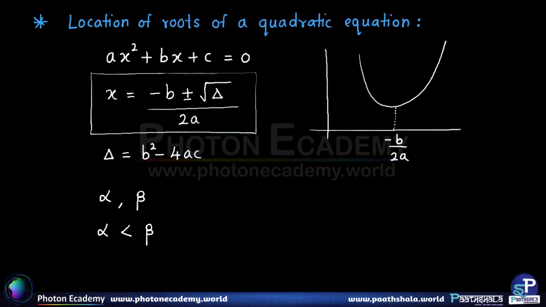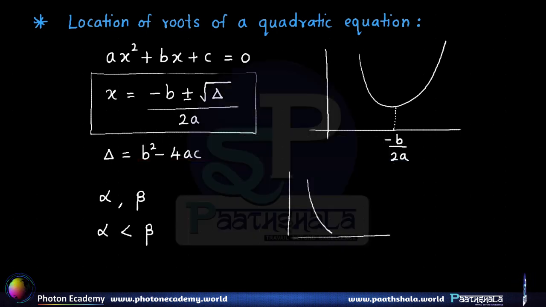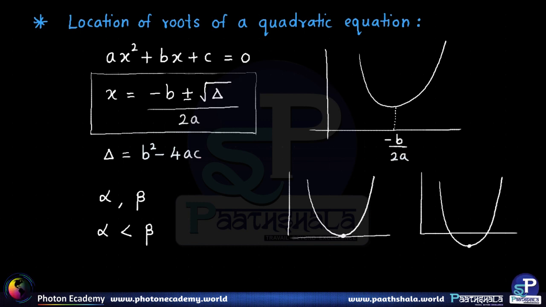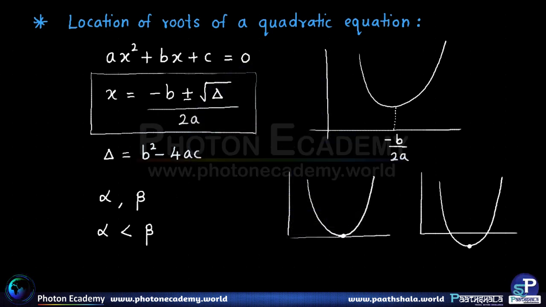What we want to first understand is that whenever x is equal to minus b upon 2a, it will have either the maximum or minimum value of the given quadratic expression based on whether the graph of the quadratic expression opens upwards or downwards based on the value of a, as we know.